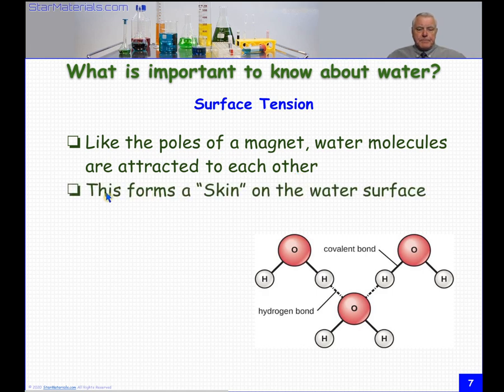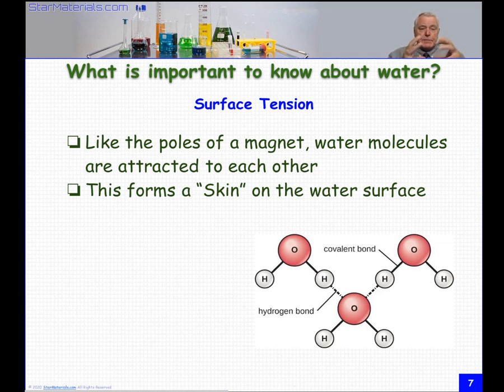Now, when you have a glass of water, inside the water, you've got water molecules above, below, to the left, to the right, in front, and in back.